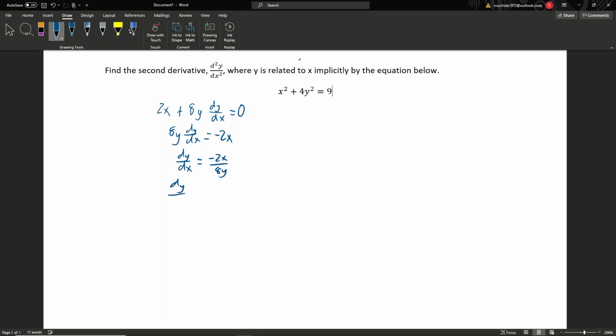Let's cancel the factor of 2 from the top and bottom, so we just have negative x over 4y. That is the first derivative.